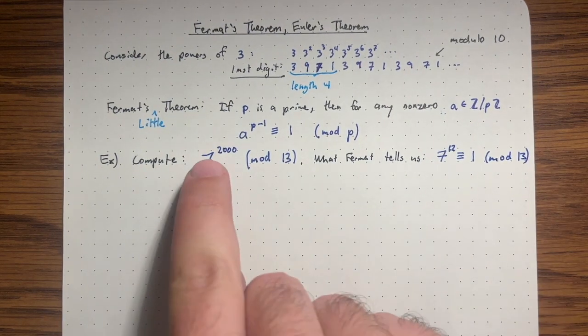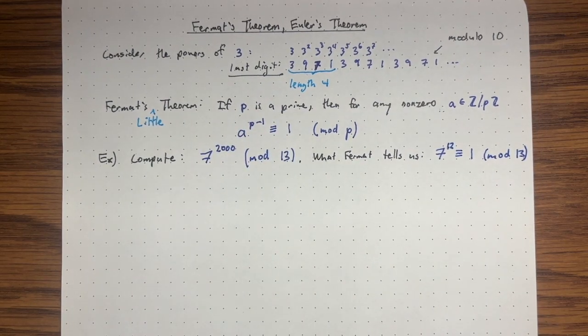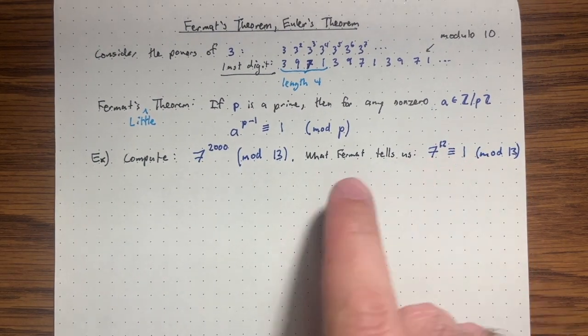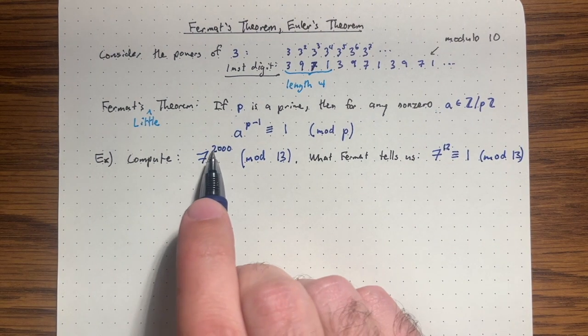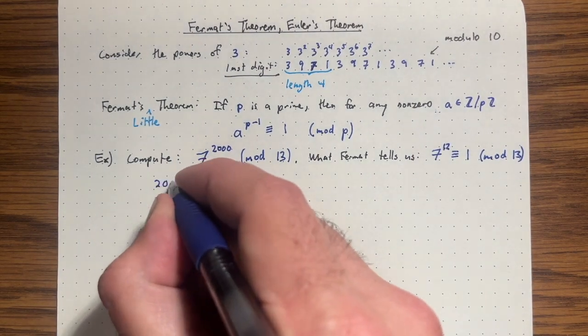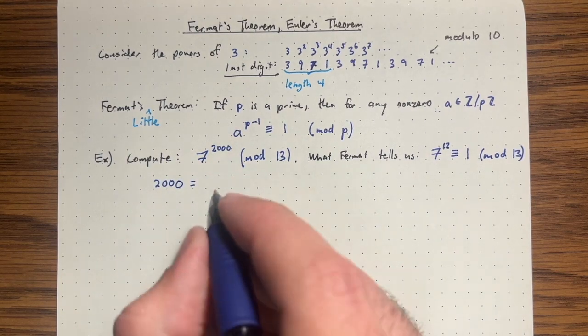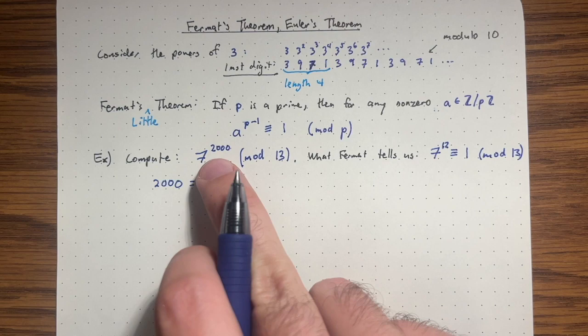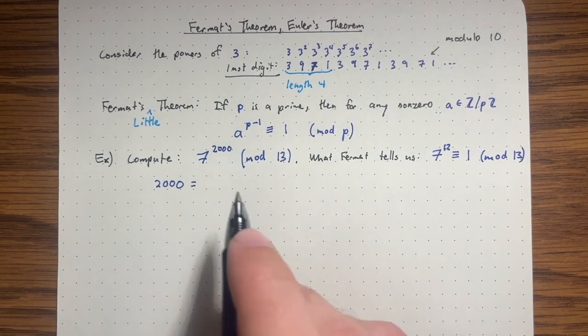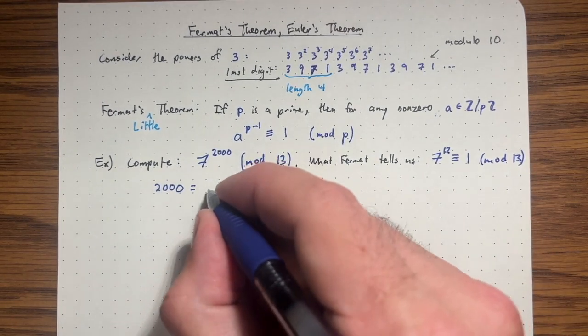And so the powers are going to sort of loop back on themselves. We're going to get 1 every 12th power here.